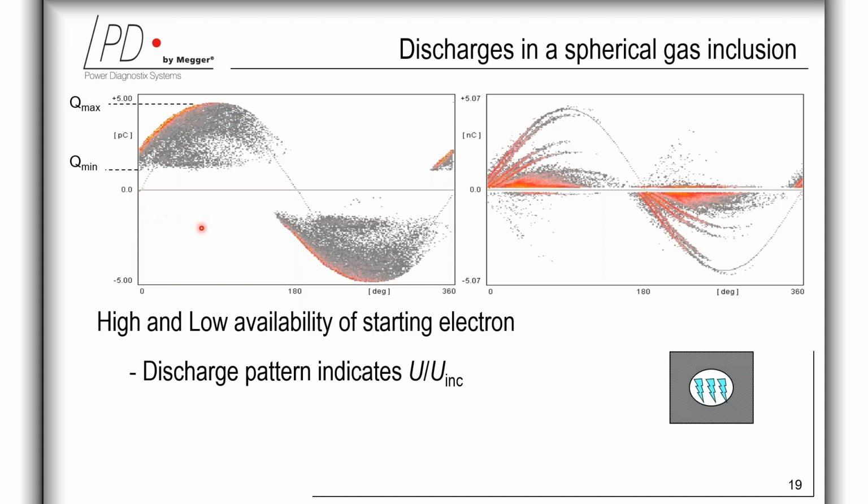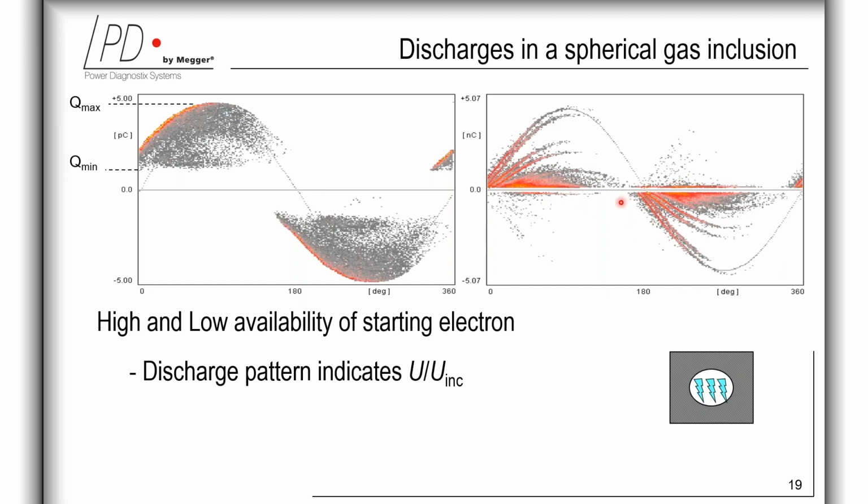The figure on the left-hand side is showing the pattern of a single void in epoxy resin. And here, this pattern is taken from a void in a polymeric material.